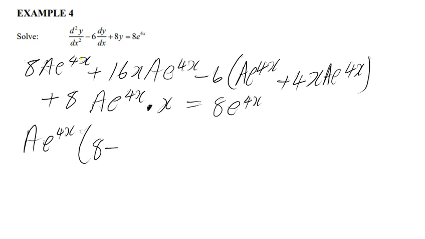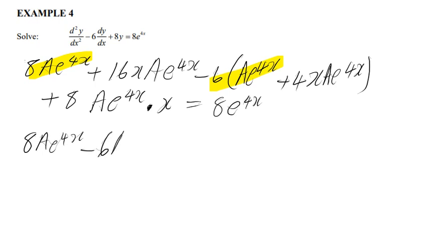Let's add those: 8ae^4x minus 6ae^4x. Okay, so let's go to the next one.